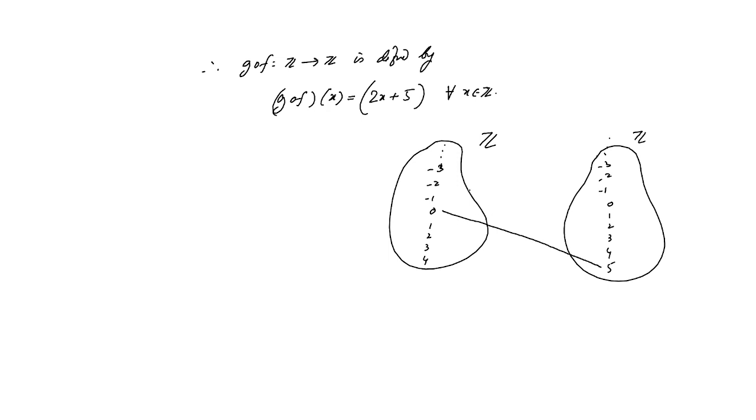Since 2x plus 5 is an odd integer for all x belongs to Z, x goes to 2x plus 5.